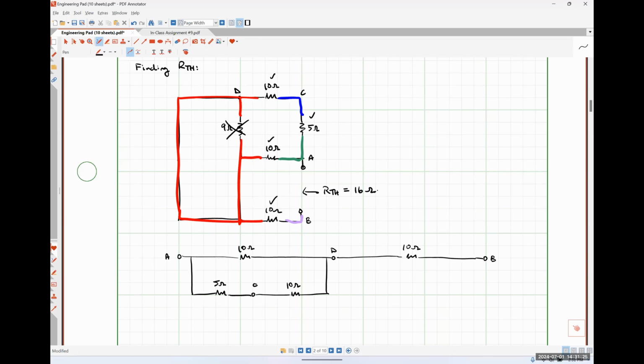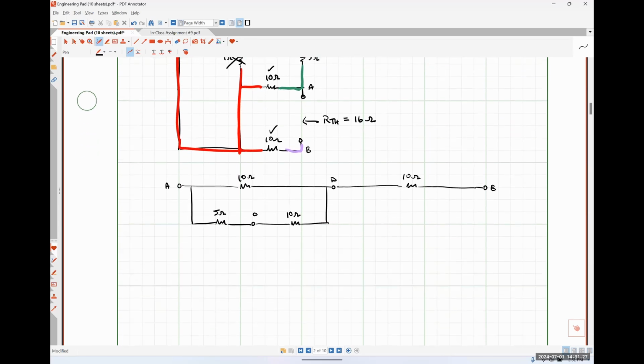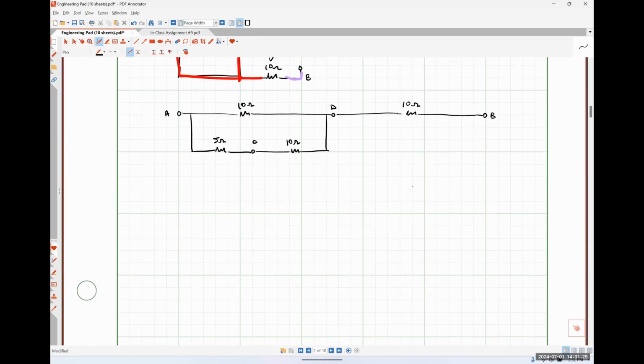So let's shift gears really quickly. Actually, before we do that, let's talk about what we've done now. So we had our original circuit that looked something like this.